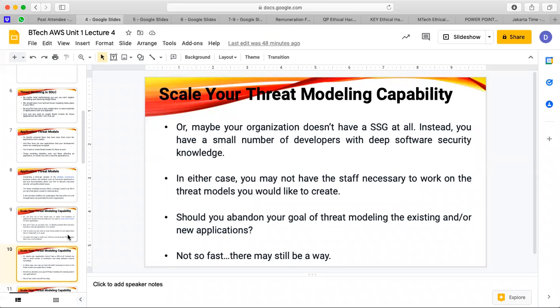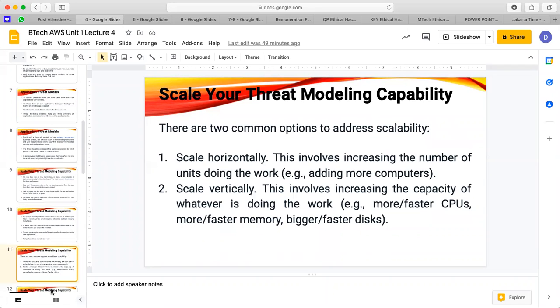So in that case, should you abandon your goal of threat modeling the existing or new applications? No. Not so fast. There may still be a way, and we have to find that way. There are two common options to address scalability inside your threat modeling.